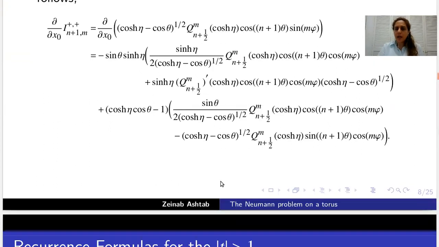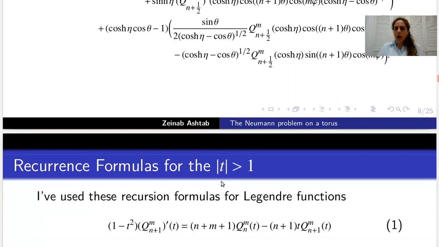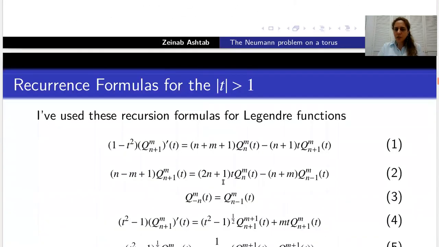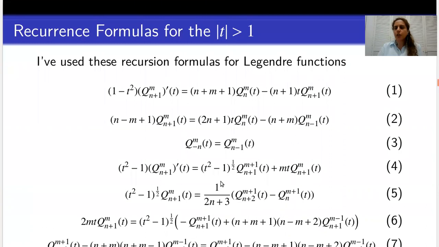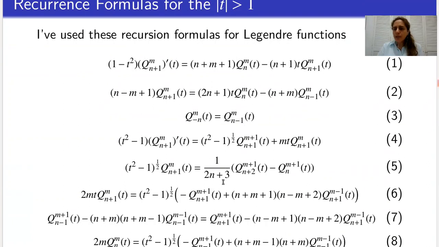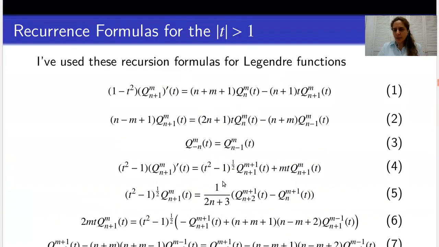That's why, after some calculations, I used these recursion formulas for Legendre functions for arguments greater than 1. As you can see here, for example, in equalities number 1 and 4, there is a prime for the associated Legendre function.